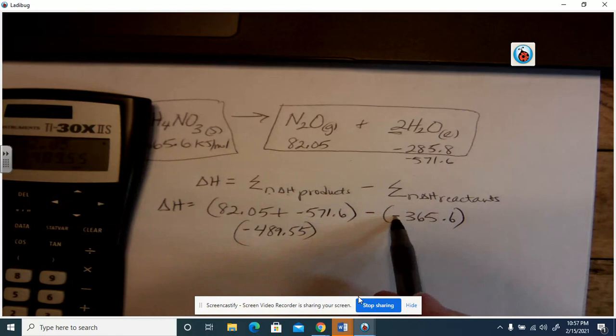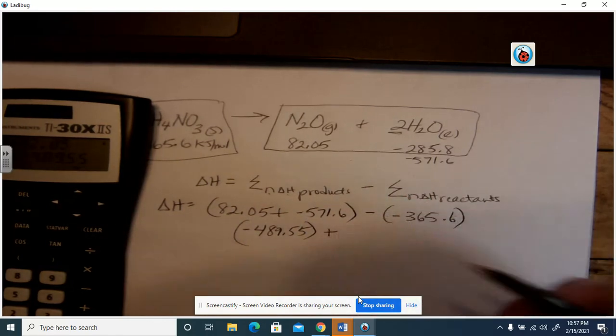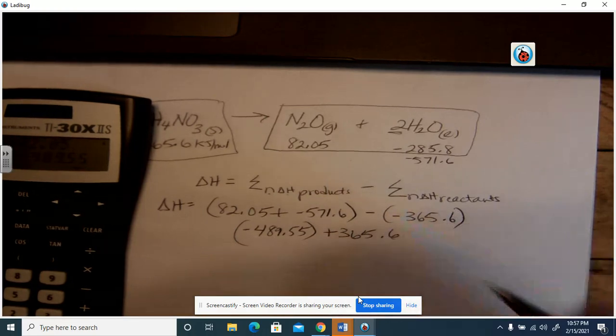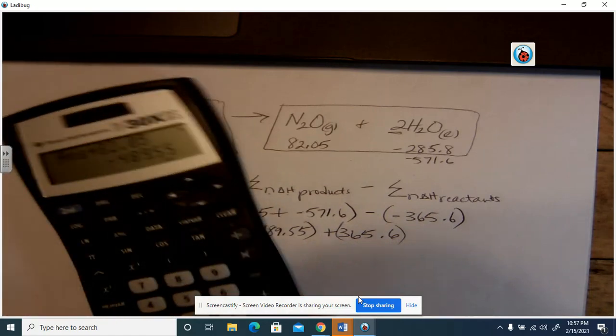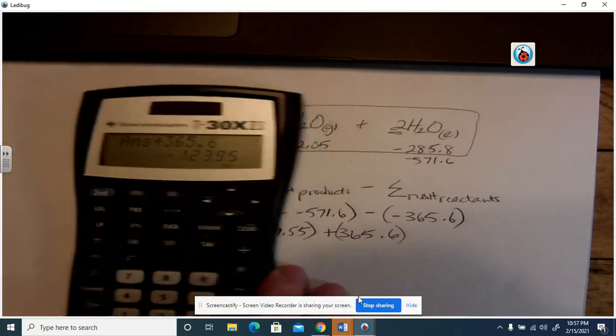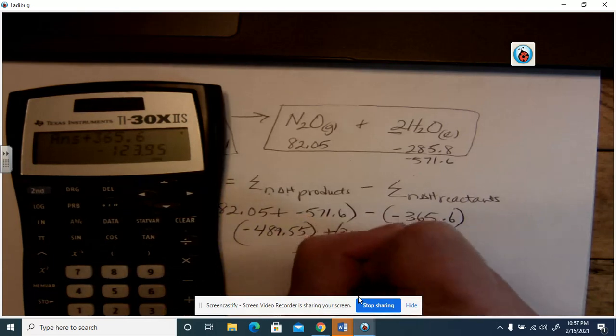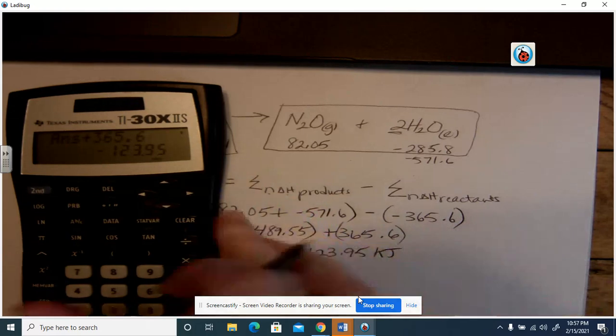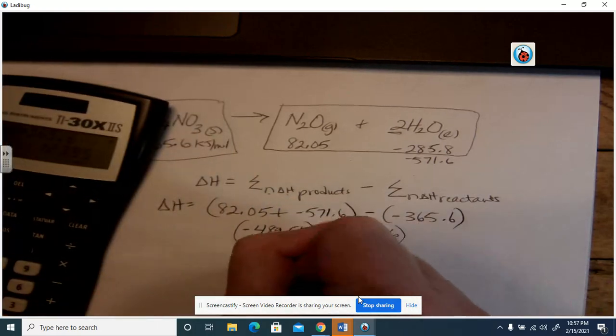Negative times negative, right? So we get a positive 365.6. I'm just going to add 365.6, and end up with negative 123.95 kilojoules. That's the delta H of formation.